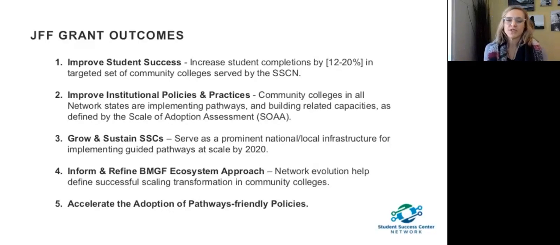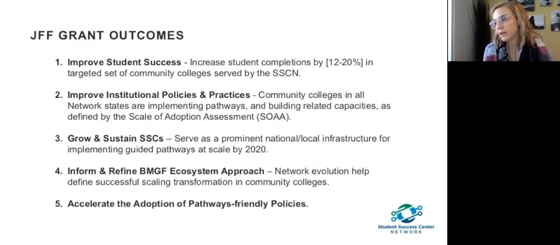So the first one, improve student success. That's through this networked approach or this theory of change. So there's a number in brackets there, 12 to 20%. That is what was predicted at the beginning of this grant back in 2016, based on the work that CCRC had been doing in the field with early guided pathways institutions.